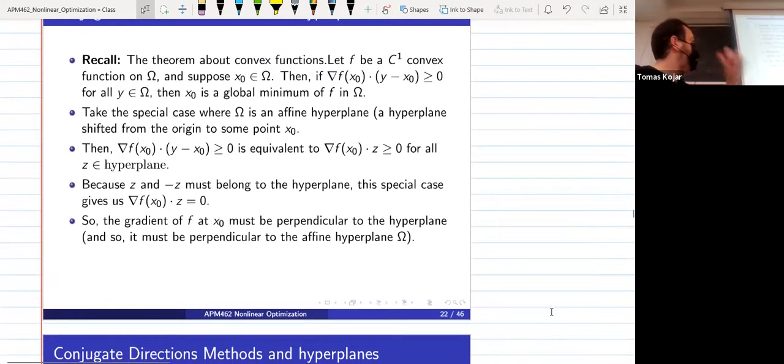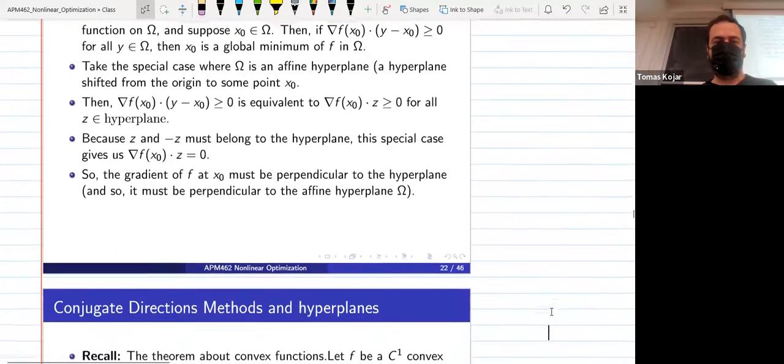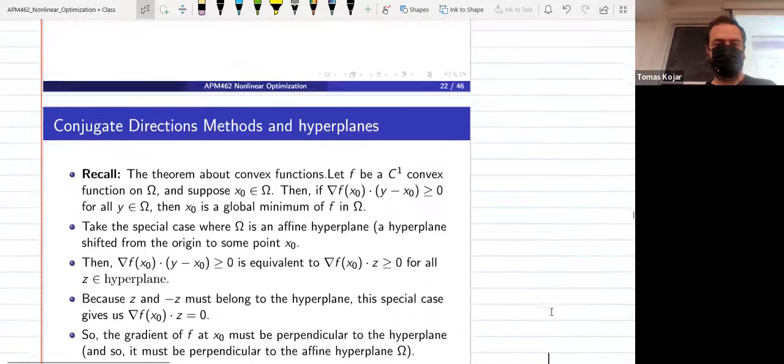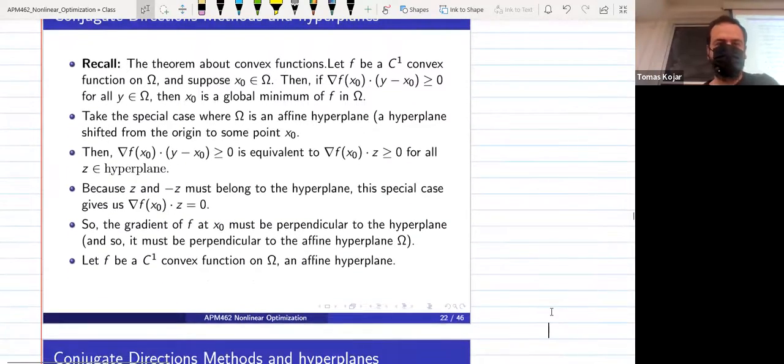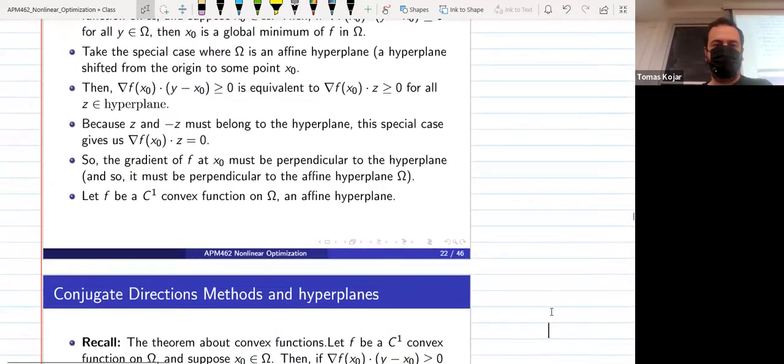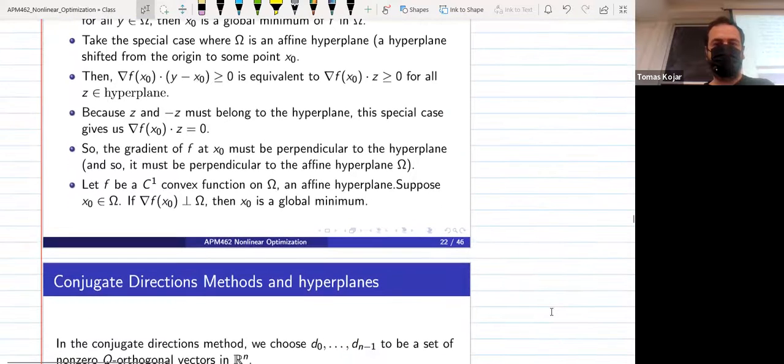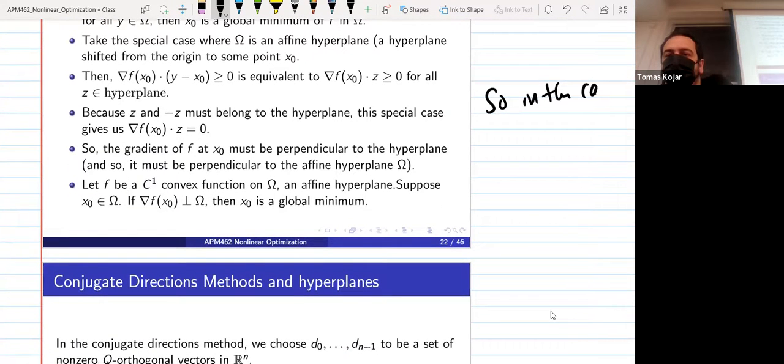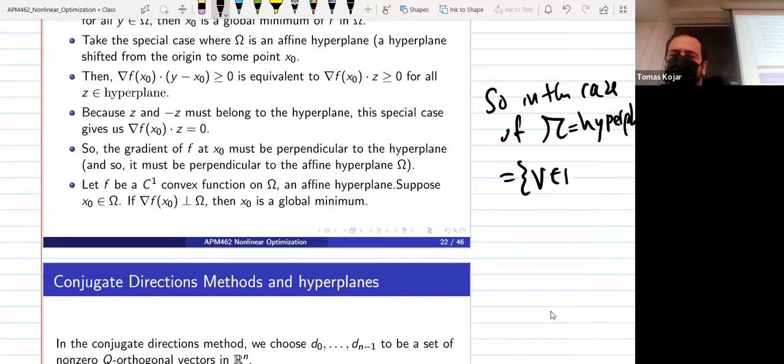The point is you have this perpendicular condition, right? So in the case of omega being a hyperplane, the one I like the most is that you can write it as v dot n equaling 0.